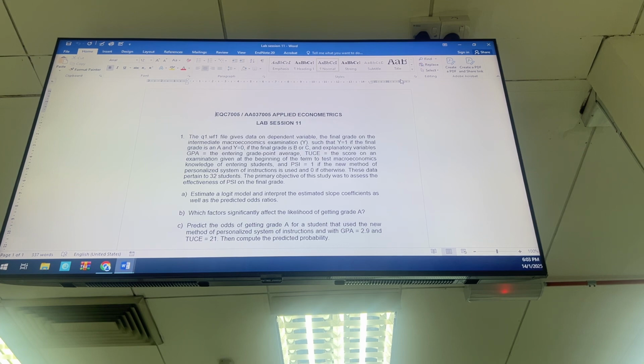This data pertains to 22 students. The primary objective of the study was to test the effectiveness of PSI.